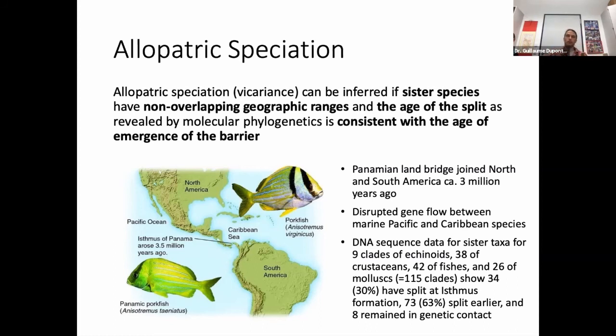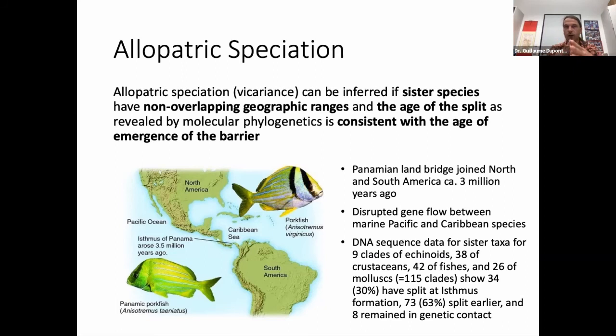And then people looked at it and used DNA sequence data for sister taxa, for echinoids, crustaceans, fish, and mollusks. And they showed that about 30% of the sister species on either side of the isthmus split at the time when the isthmus had formed. 60% split earlier, and 8% remained magically in genetic contact. So that shows you that it's not consistent.